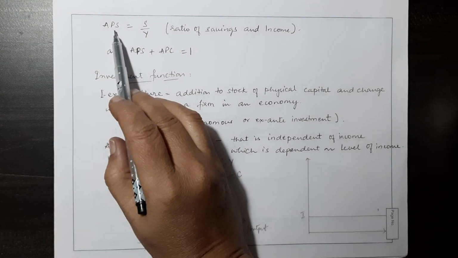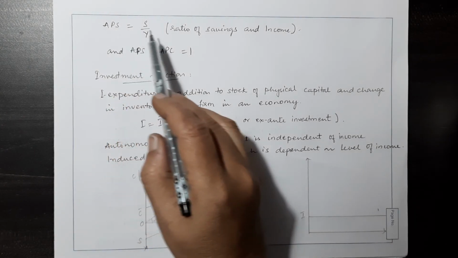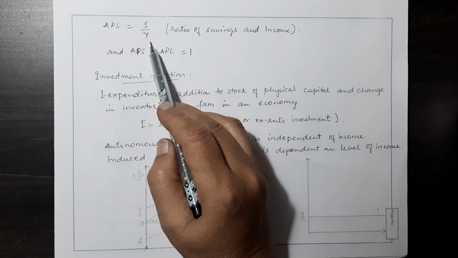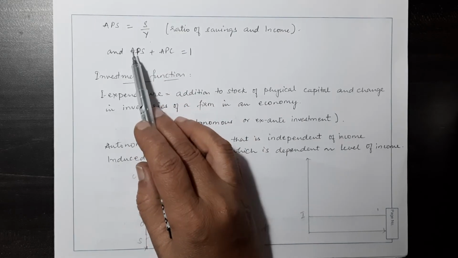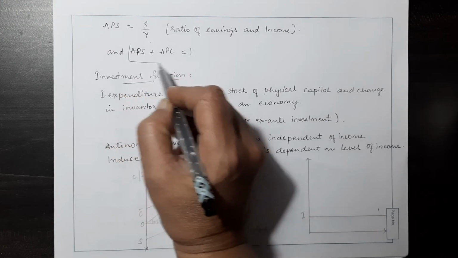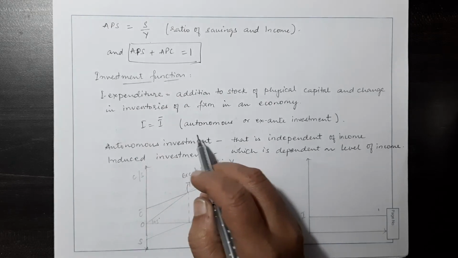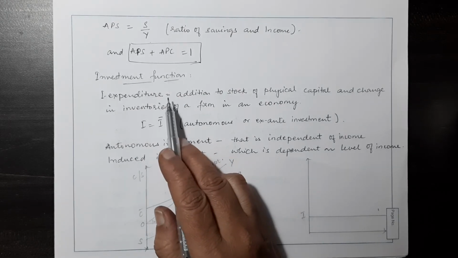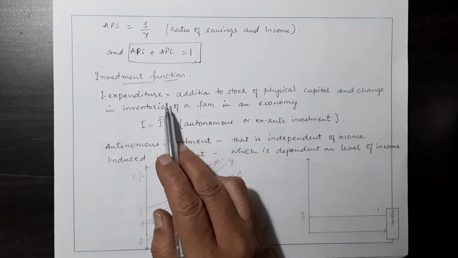Now average propensity to save is the ratio of savings and income, that is S by Y. And also APS plus APC is equal to 1. So this is another important thing for us, right? Now the investment function. What is this investment function?